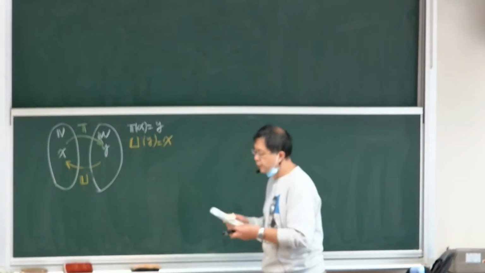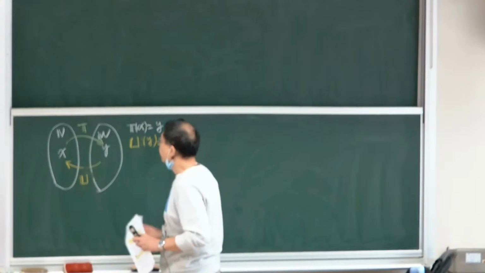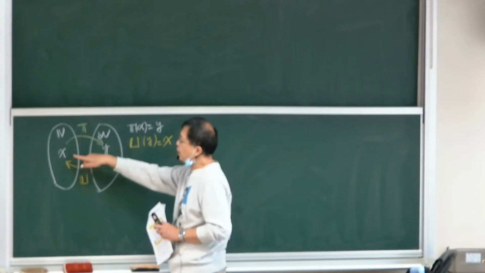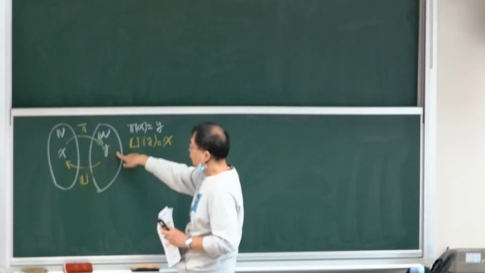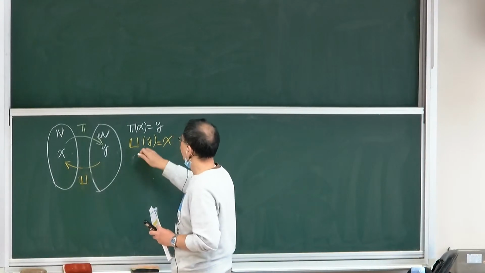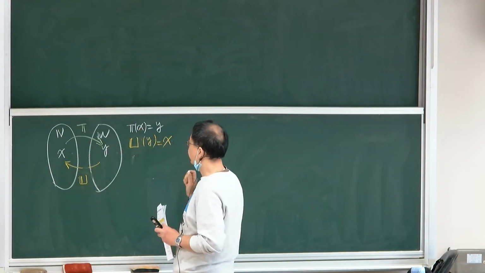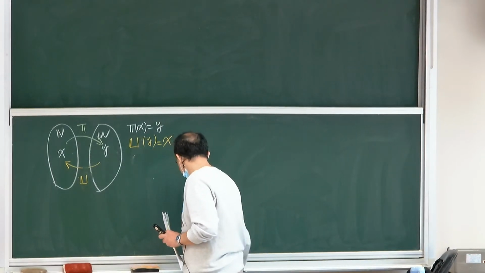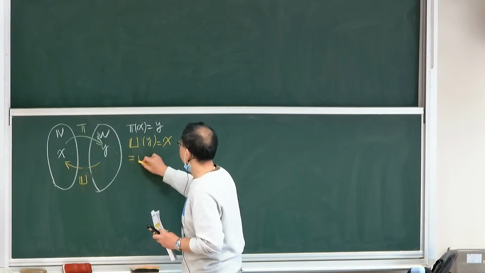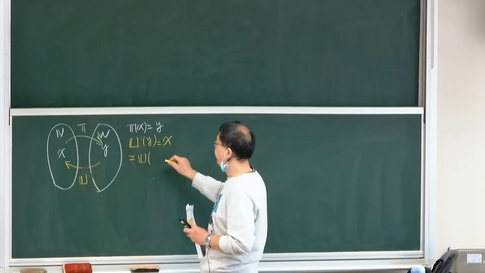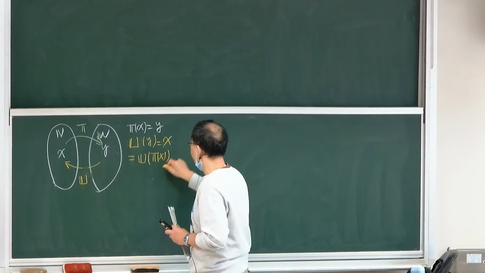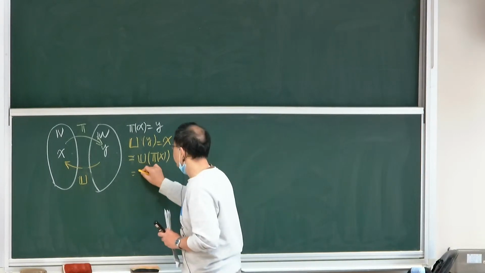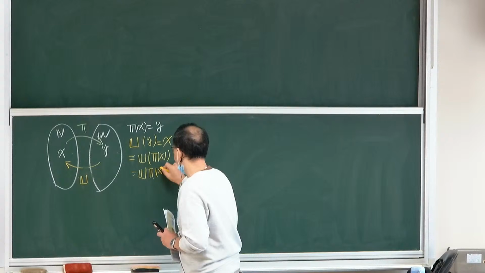In this scenario, we transfer the vector from X to W, so Y equals T(X), and from this equation we can write it as U(Y), because Y equals T(X), so I can write it as U(T(X)). Because this is a composition of linear transformations, we have UT(X).